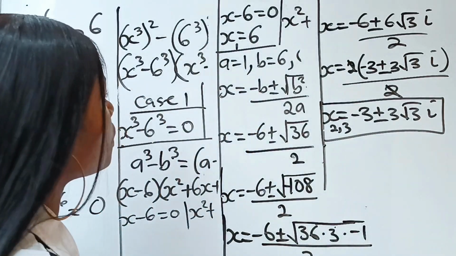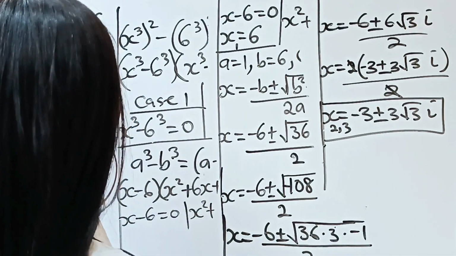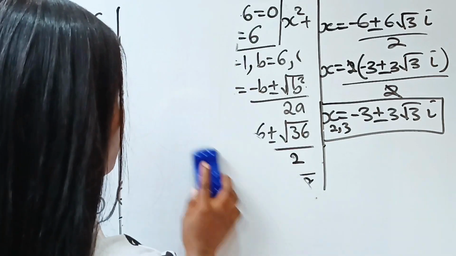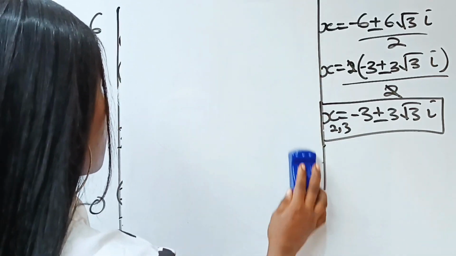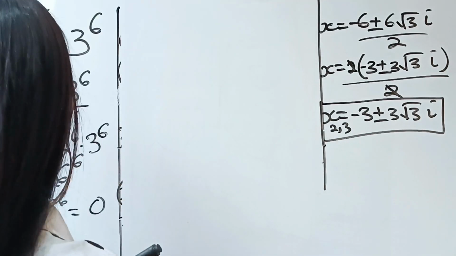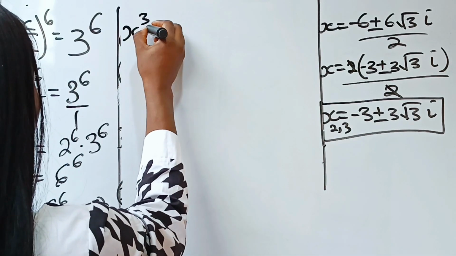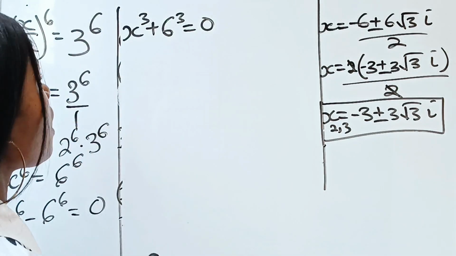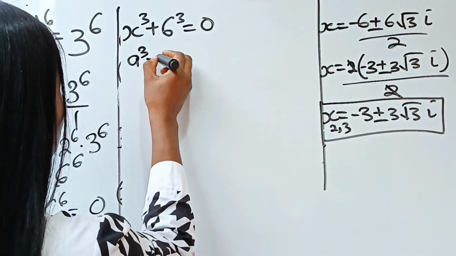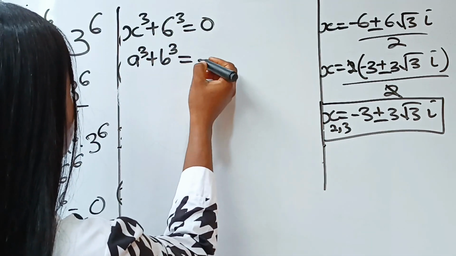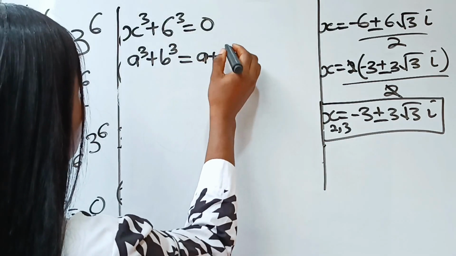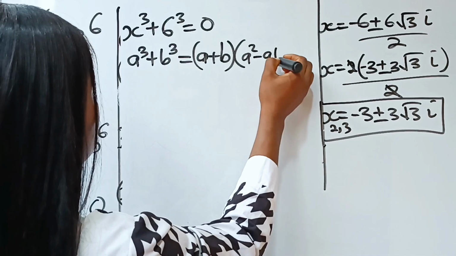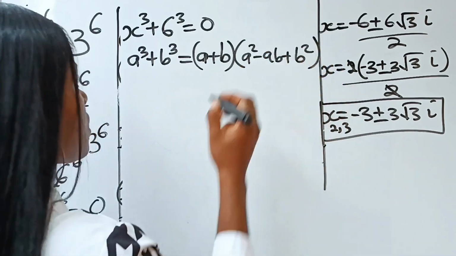Now, let's solve the second case. Recall that for the second case, we have that x to the power of 3 plus 6 to the power of 3 is equal to 0. All right. Now, when you have a to the power of 3 plus b to the power of 3, this is equal to a plus b, multiplied by a squared minus ab plus b squared.